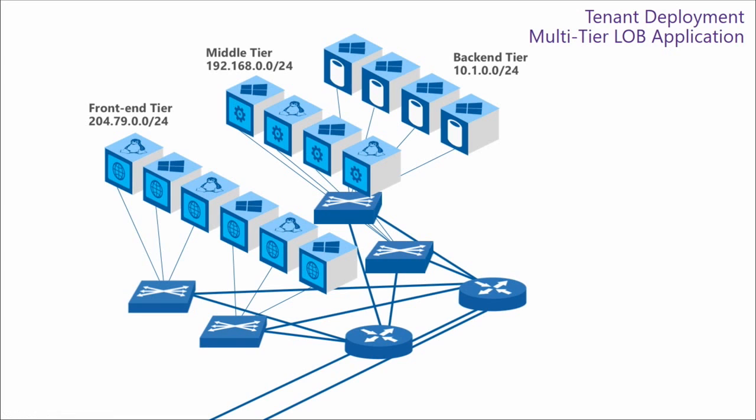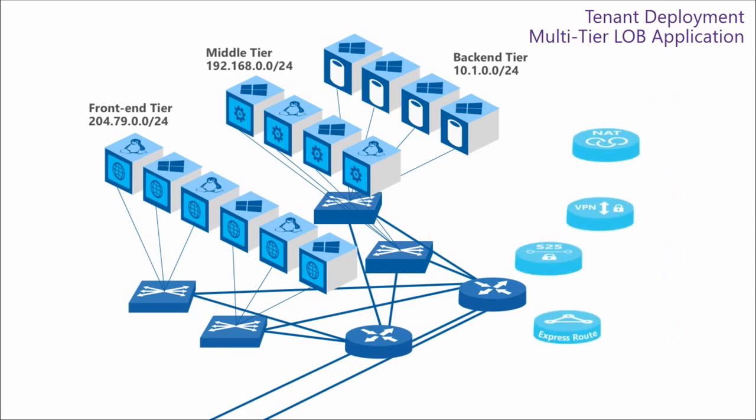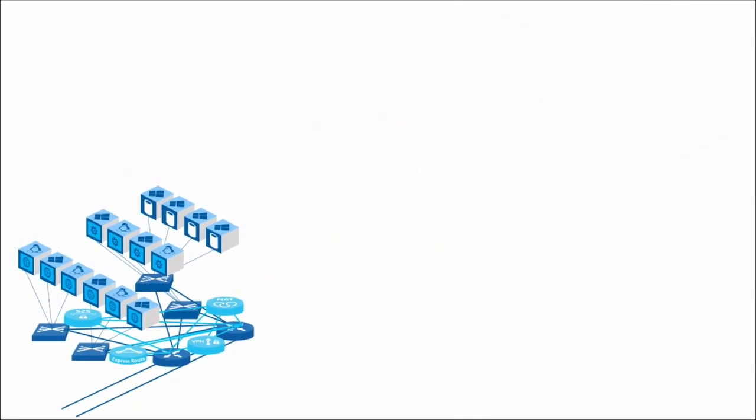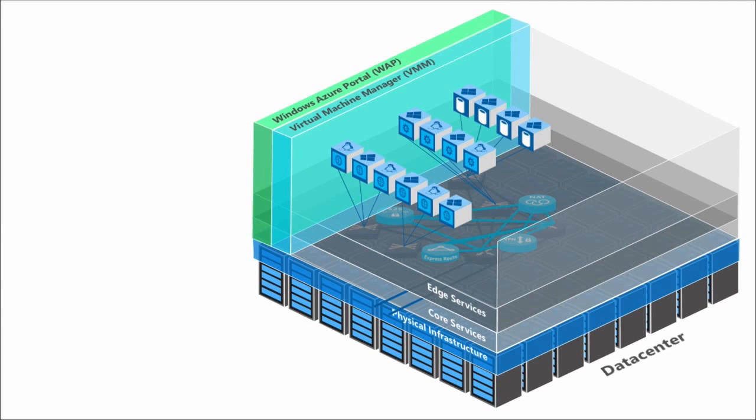We can model all of that as a multi-tier application within System Center, add in additional functionality that maybe we need to NAT out from there, we need to apply VPN or ExpressRoute to connect to Azure. Either way, we can model this application and deploy it efficiently as a service within our data center, all done in software sitting on that underlying plumbing that we're using through Windows Server and System Center.